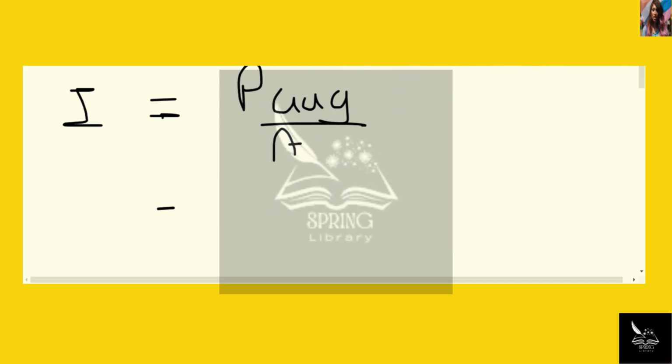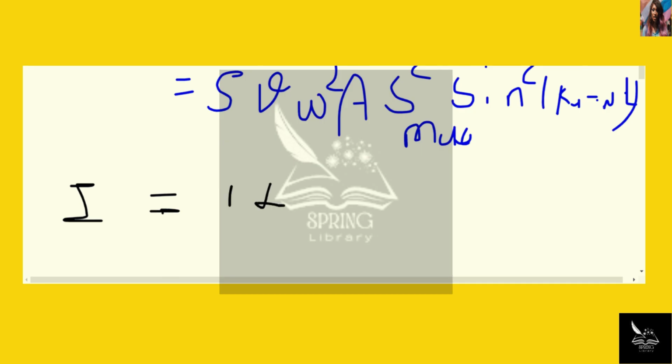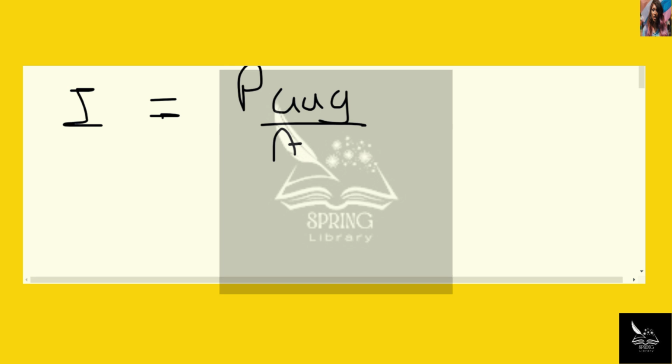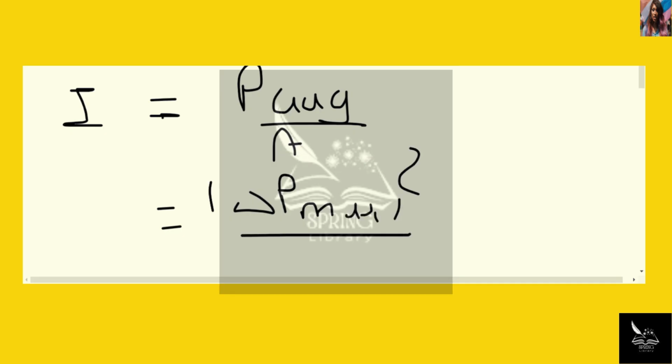So we can write the formula for the intensity I is equal to the average power divided by A, which I can write in terms of maximum pressure: ΔP_max squared divided by 2ρv.